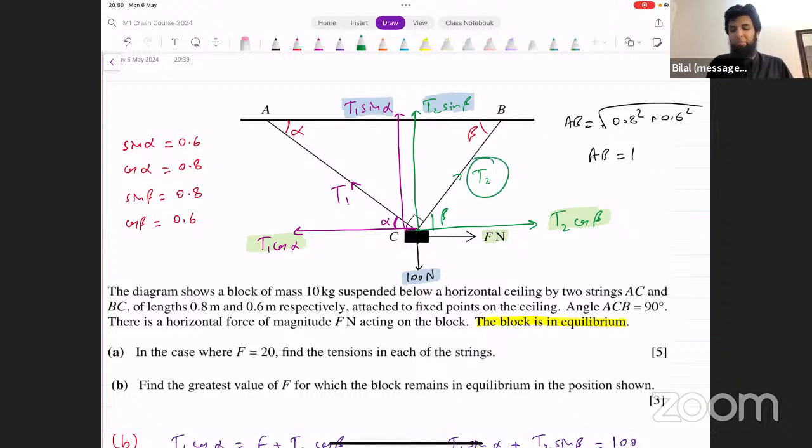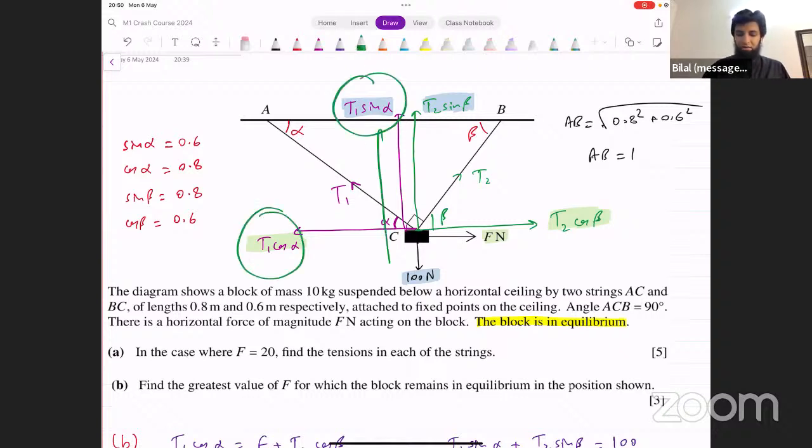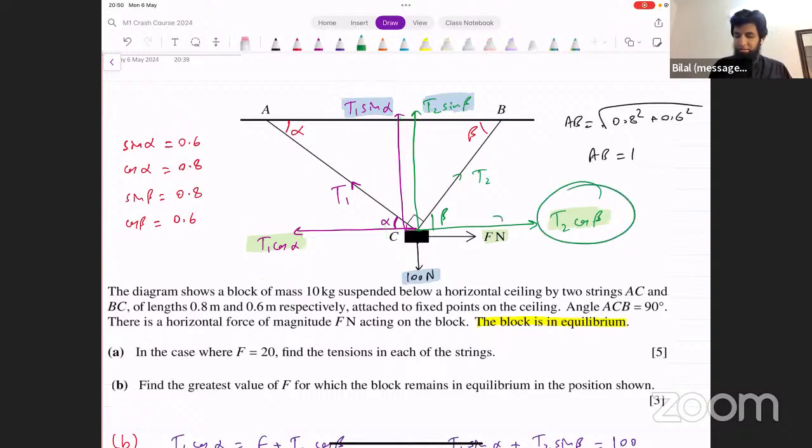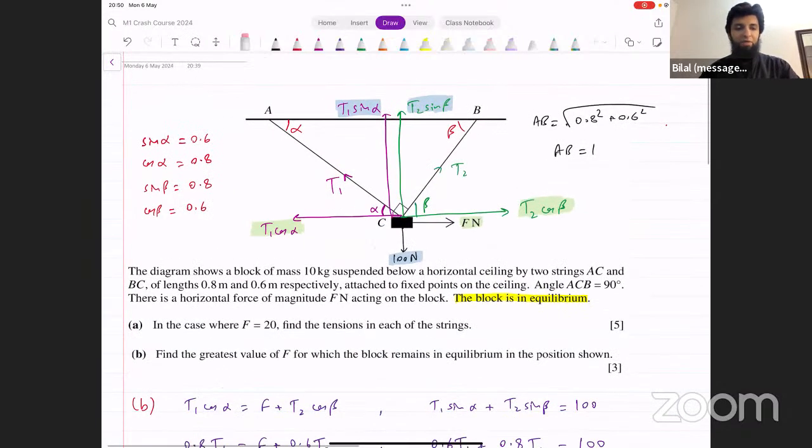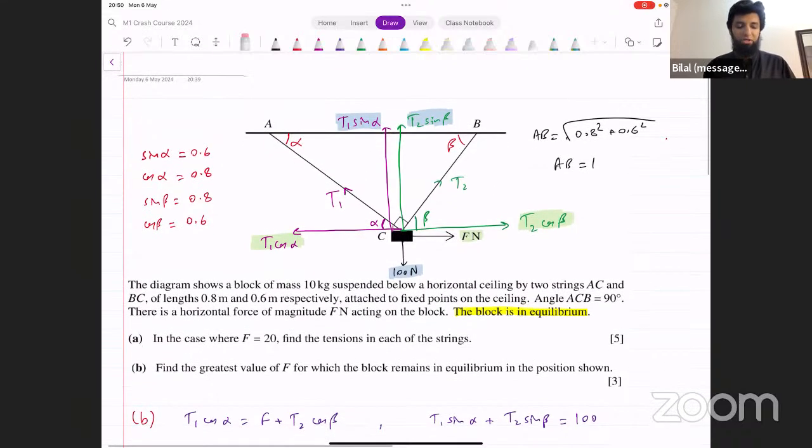T2, however, can be made 0, because if T2 is 0, T1 can handle the weight. It can take care of the weight. And on the right side, you already have F as well, so F takes care of it. All right, so that's how you deal with problems like these, where you have to find the greatest possible value of a tension or least possible value of a tension or a force. In cases like this, where you have tensions involved, you put one of the tensions equal to 0.